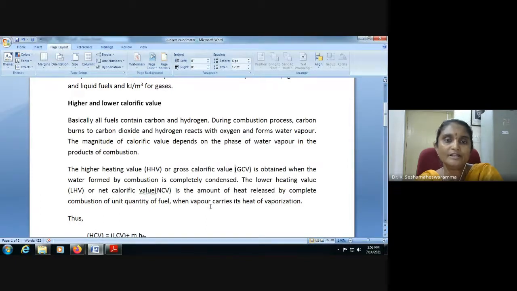The higher heating value is the gross calorific value. The lower heating value, or net calorific value, is the amount of heat released by complete combustion of a unit quantity of a fuel when the vapor carries its heat of vaporization.